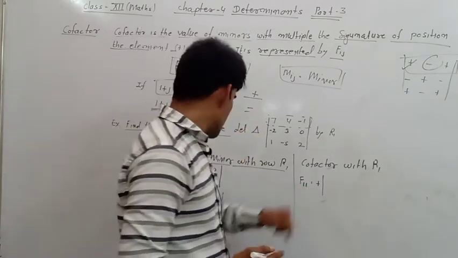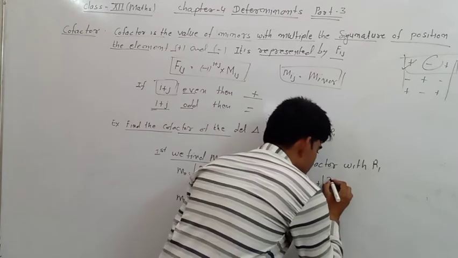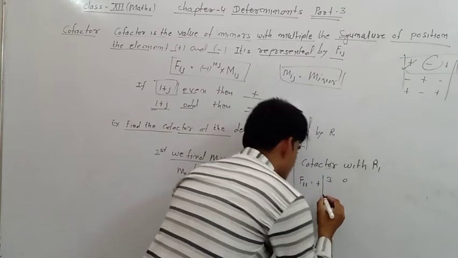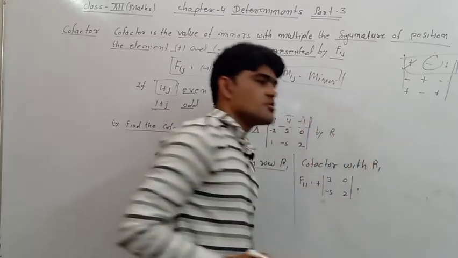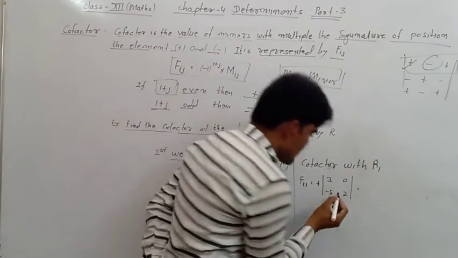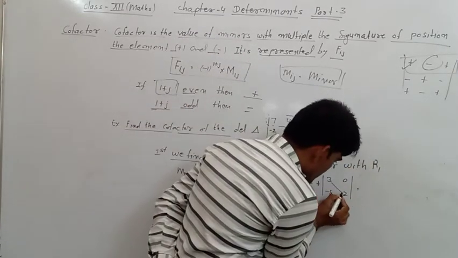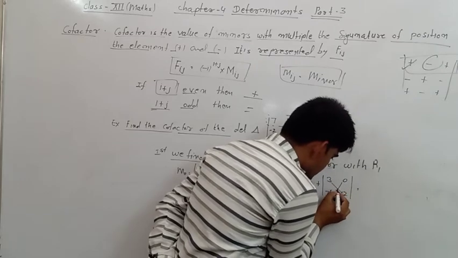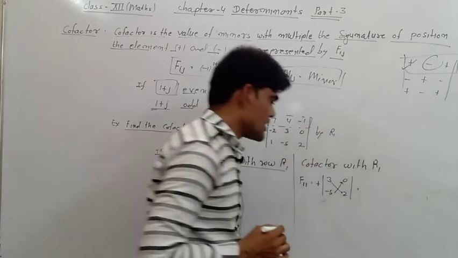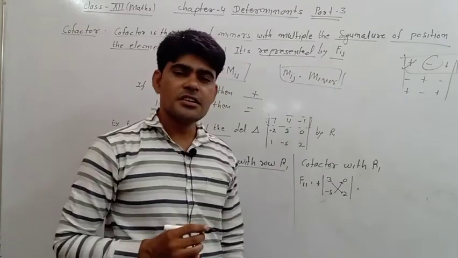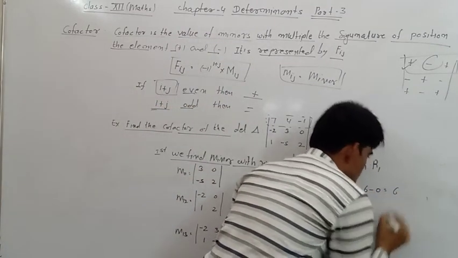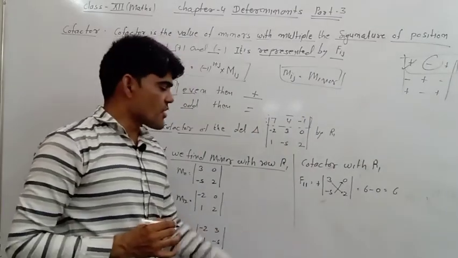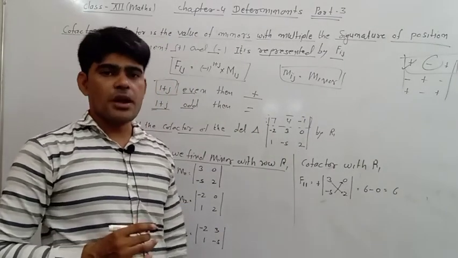So positive, and the minor 3, 0, minus 5, 2 equals 3 multiplied by 2 minus minus 5 multiplied by 0, which gives 6 minus 0, equal to 6. This is the first cofactor, F11.